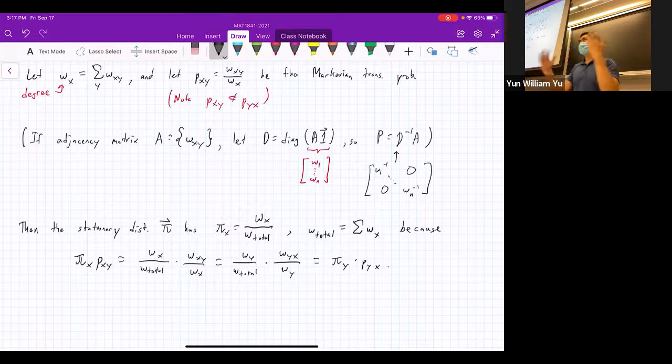So this is actually stationary because the flow from x to y is the same as the flow from y to x at this probability distribution.